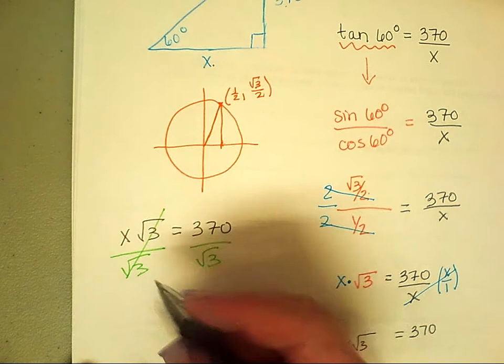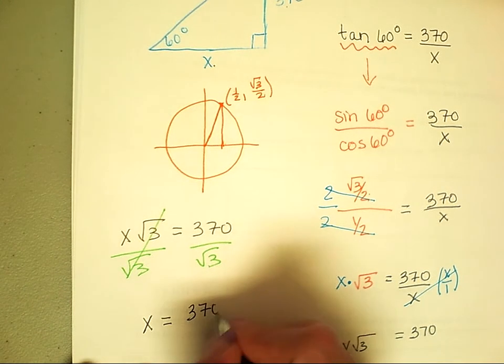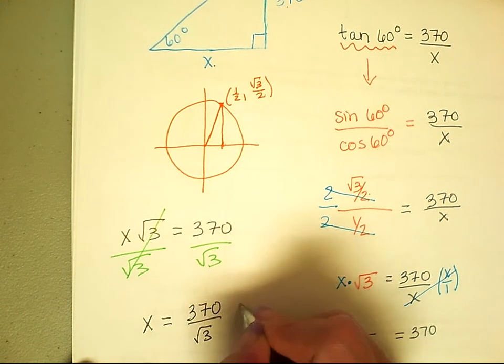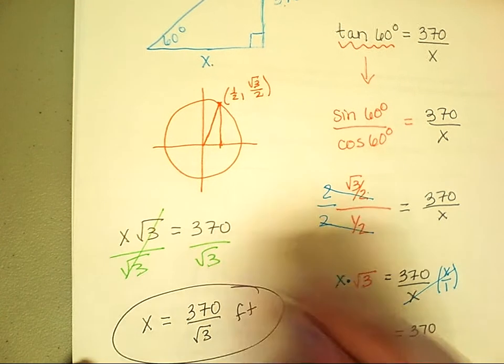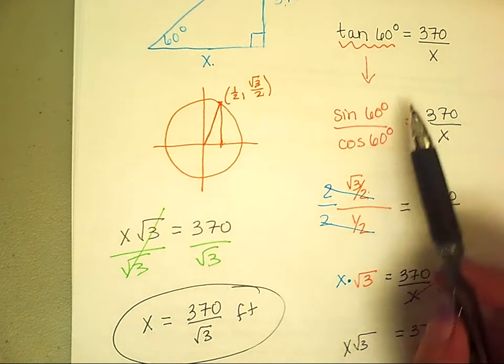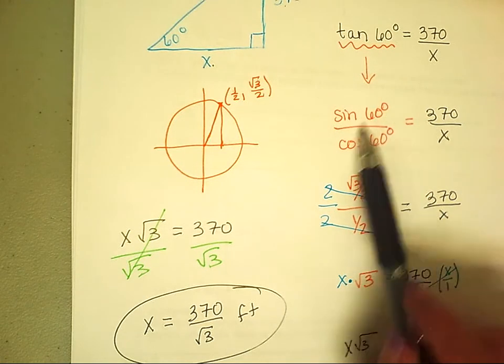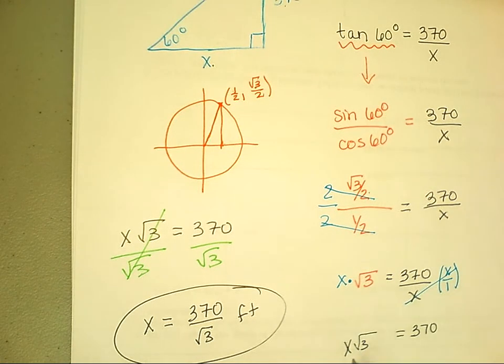Those will cancel. And so as an exact value in feet, we are 370 divided by the square root of 3 feet away. So the difference is here, I knew what the tangent of 60 degrees was. So we then found the actual value before solving for x.